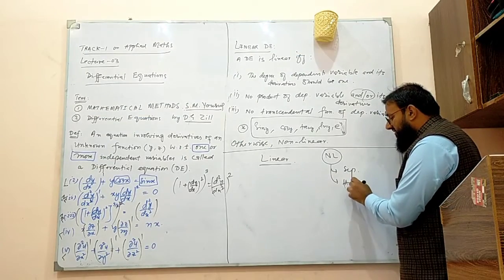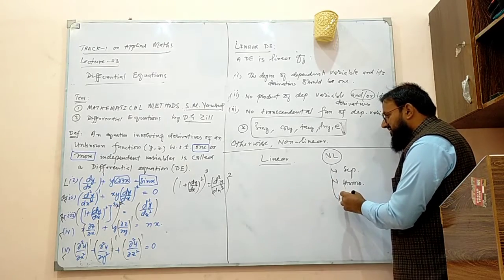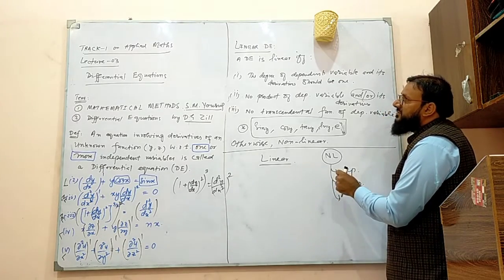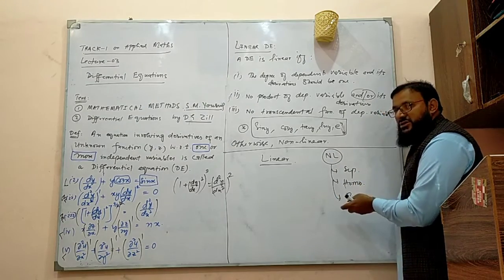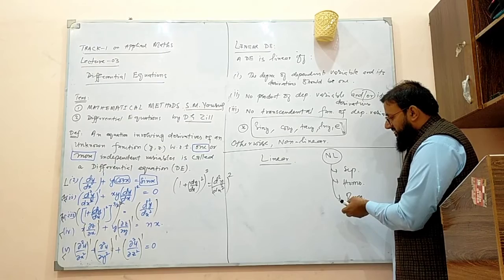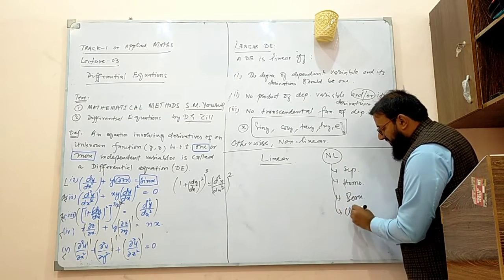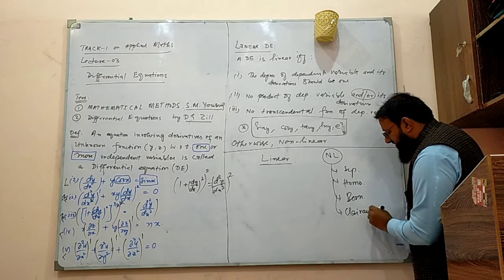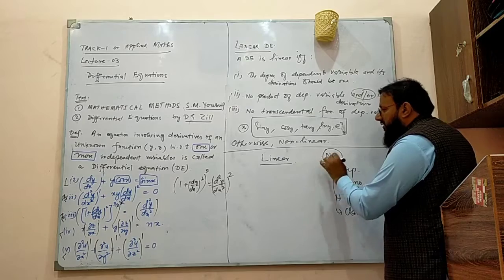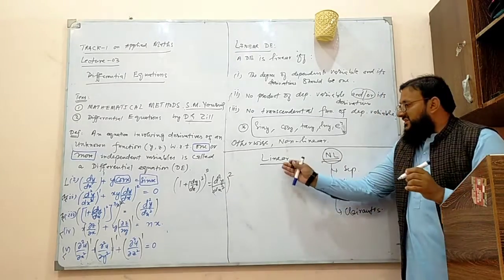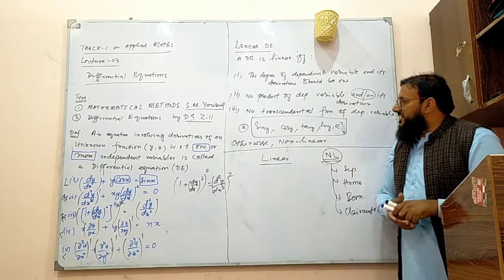If it is homogeneous non-linear, we can solve it. Bernoulli is a non-linear equation we can solve, and there might be other cases like Clairaut's equation. We can solve all the equations which are some sort of standard forms, but we can't solve all non-linear equations. It is relatively very easy to solve linear equations. Okay, so this must be clear.